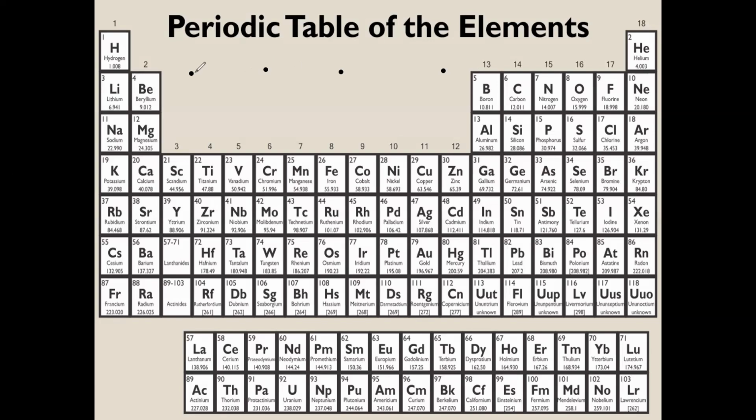If we consider lithium in period 2, lithium has 3 electrons, so the distribution is 2, 1. Let's draw 2 shells for every element, and then we will distribute the electrons.